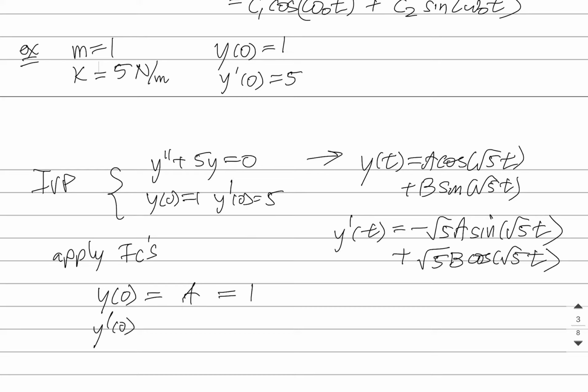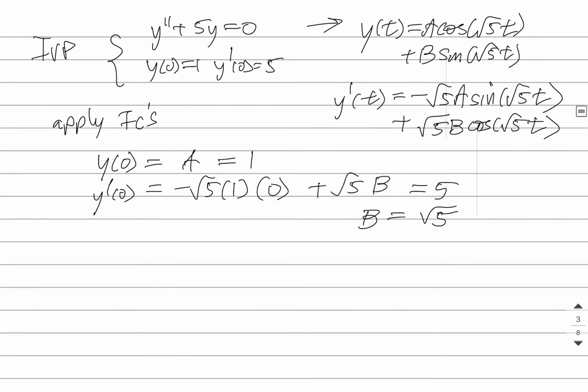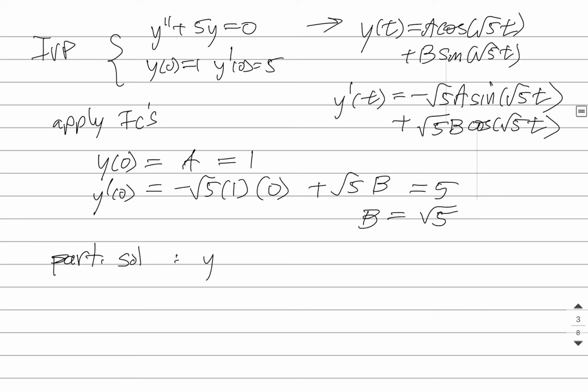And if we apply the other one, we'll get negative root 5 times 1 with a 0 plus root 5 b is equal to 5. So that means b is going to be root 5 again. Now, the particular solution will then simply be cosine of root 5t plus root 5 sine of root 5t.